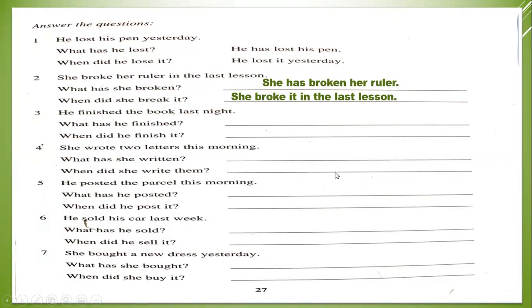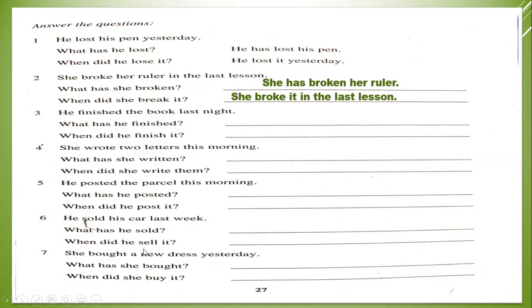In the next line. He posted the parcel this morning. What has he posted? He has posted the parcel. When did he post it? He posted it this morning. He sold his car last week. What has he sold? He has sold his car.